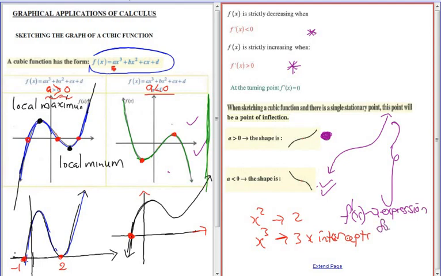So what it means is that if your first derivative is negative at any point, your gradient is also negative, isn't it? So if your gradient is negative, you expect the tangent you draw at that point to slant to the left.